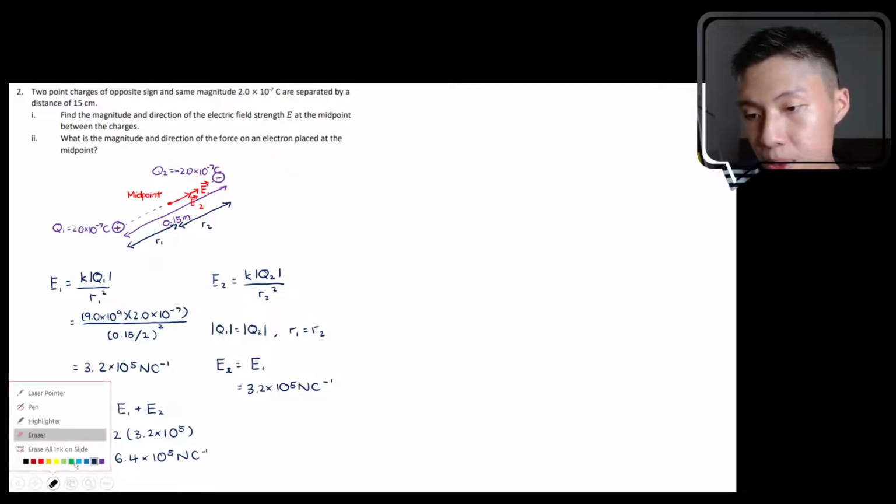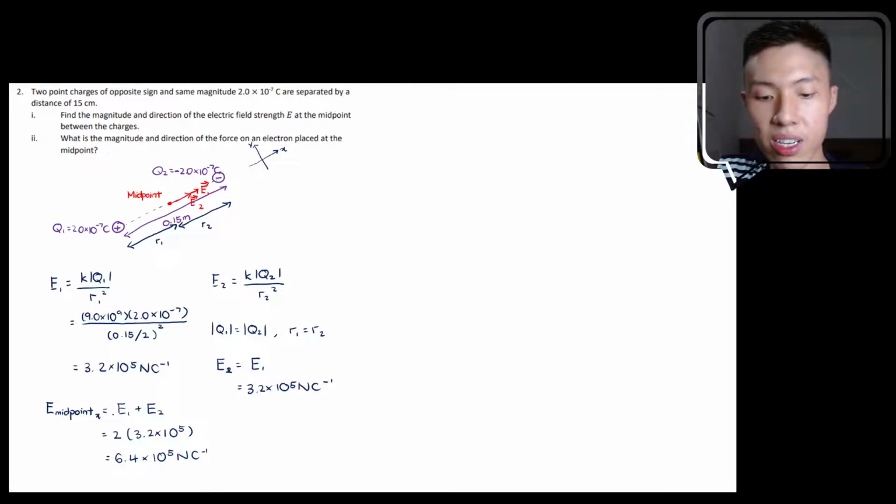Because just now I mentioned that magnitude must always be positive. But this calculation here, there's a possibility that it can be negative. So what you're calculating here is not the magnitude of the electric field at the midpoint. What you are calculating here is the x component of the electric field at the midpoint. So you define here to be the x component, and you define here to be the y component.